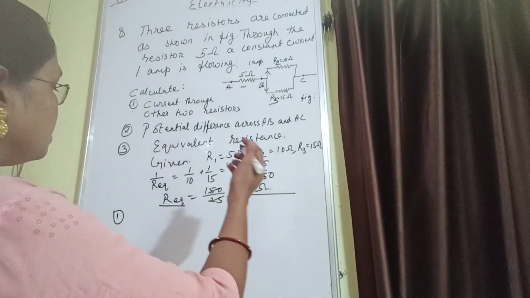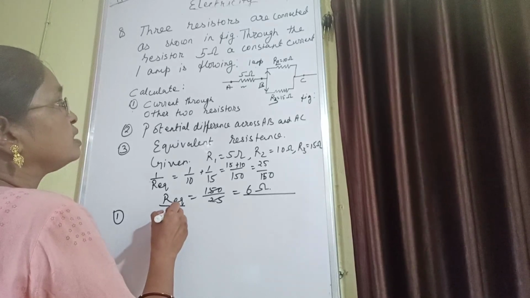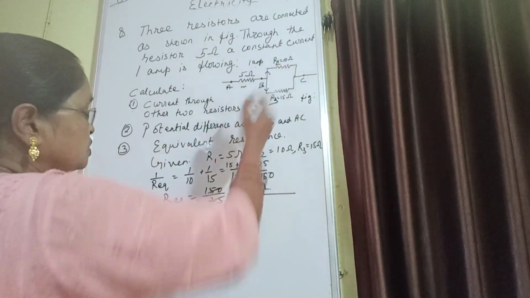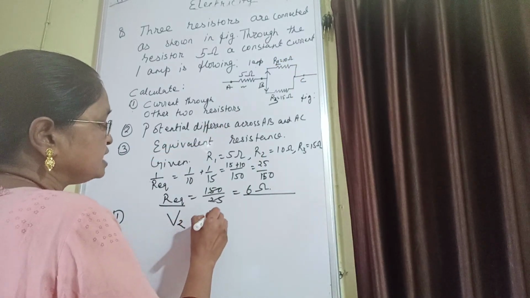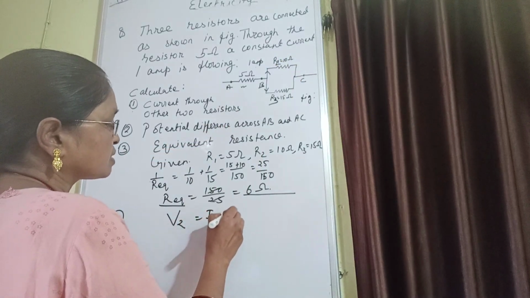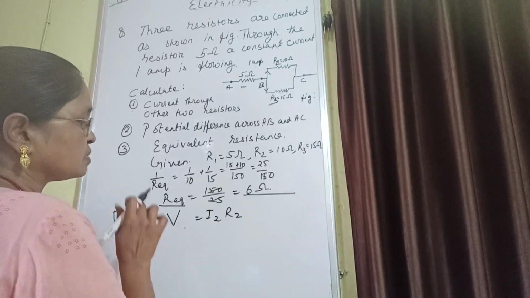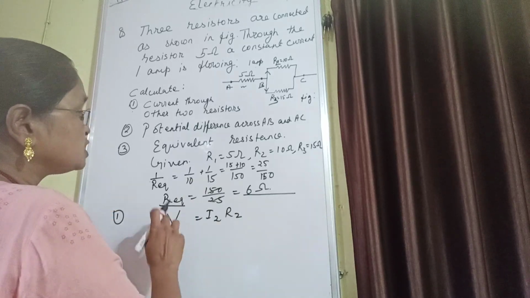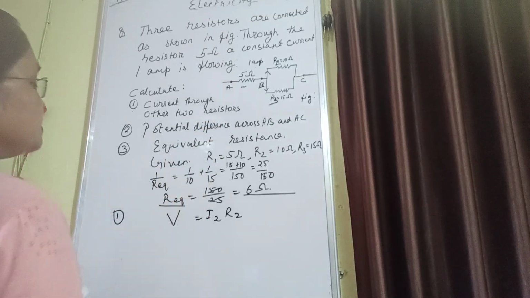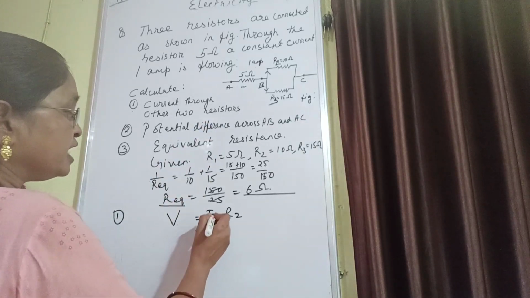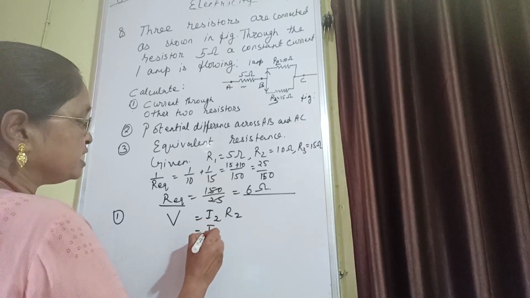So now from Ohm's law I am writing V2 through R2, so that is I2 R2. Let us put the values of this one. I2 we have to calculate.